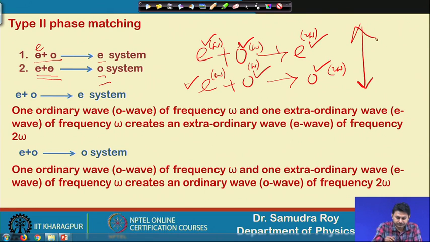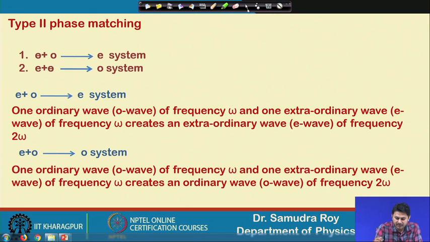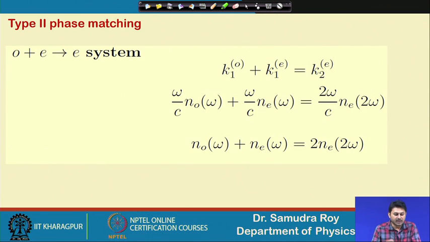Now after having the knowledge of this type 2 kind of phase matching, we need to find out the refractive index representation for this type 2 phase matching system. So, one ordinary and one extraordinary lead to one extraordinary.